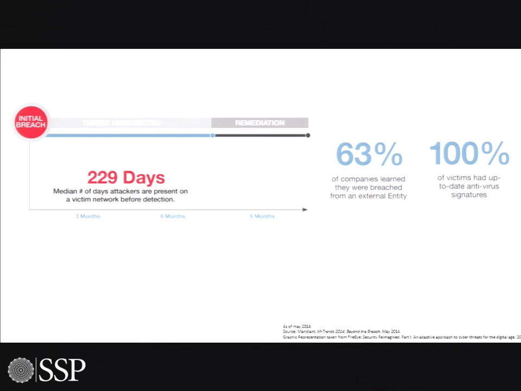And 63% of those companies didn't find it out by themselves. They just learned it from some external entity. And 100% of those companies had up-to-date antivirus software and signatures. So it's not enough to install antivirus software on your server and then think, I've done my part.